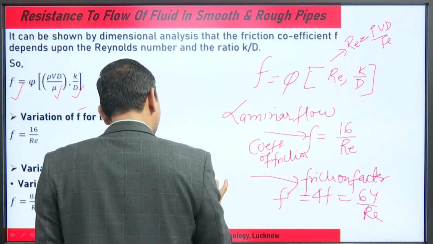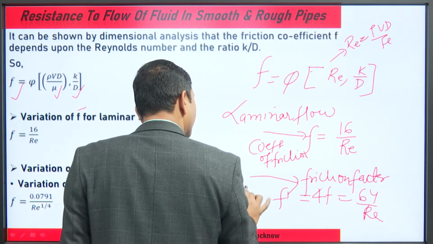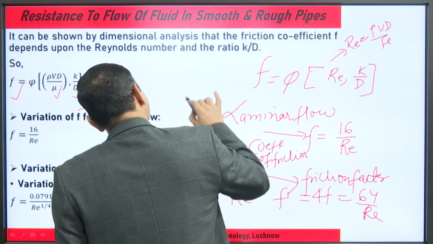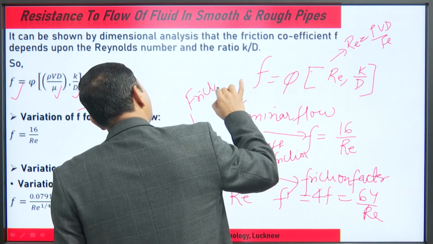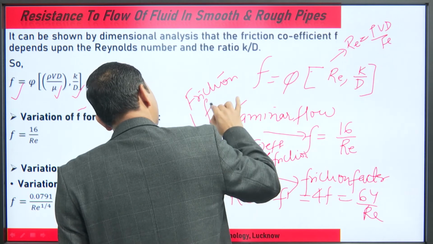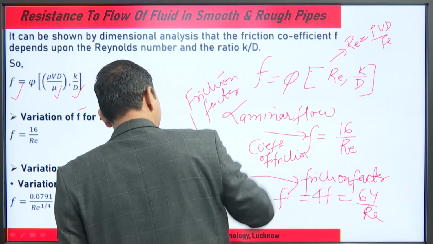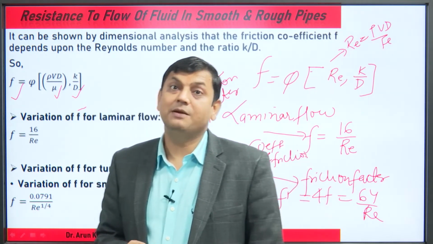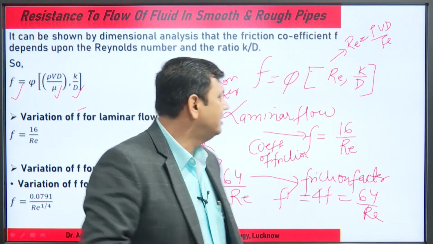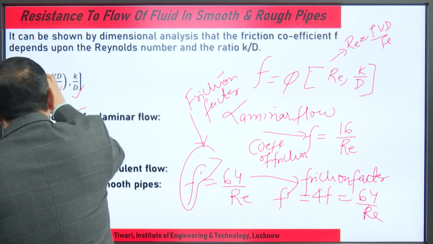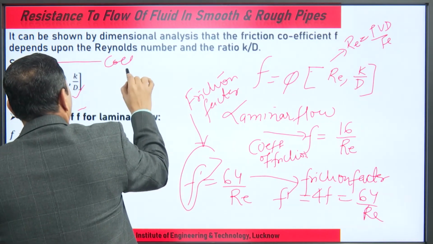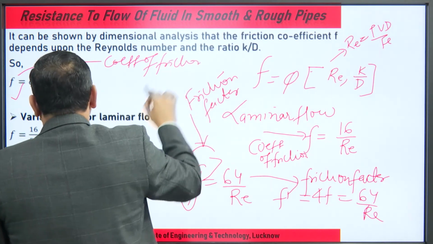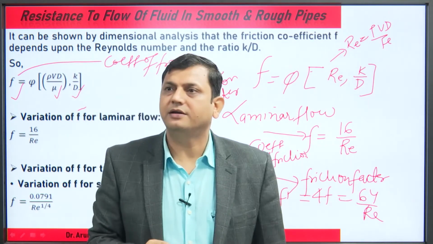The friction factor f dash equals 64 upon Re. So this is the equation for laminar flow: 16 upon Re if f is the coefficient of friction, and 64 upon Re if it is the friction factor.